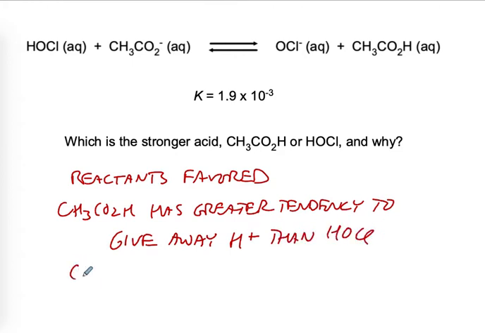So we would predict that acetic acid is the stronger acid. Okay? Another way to think of this is that because the equilibrium lies towards the reactants, acetic acid must be pushing the equilibrium towards the left.